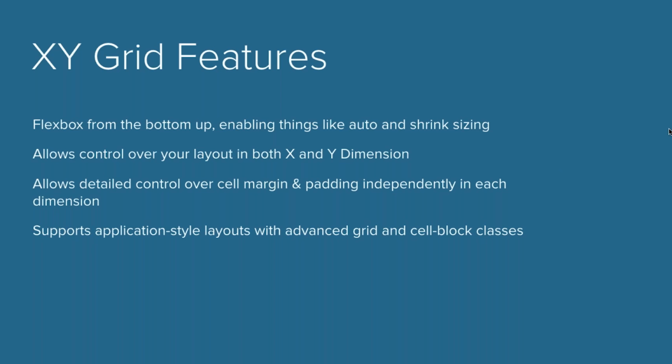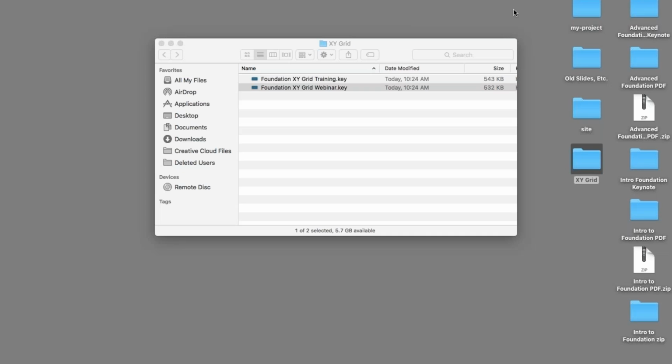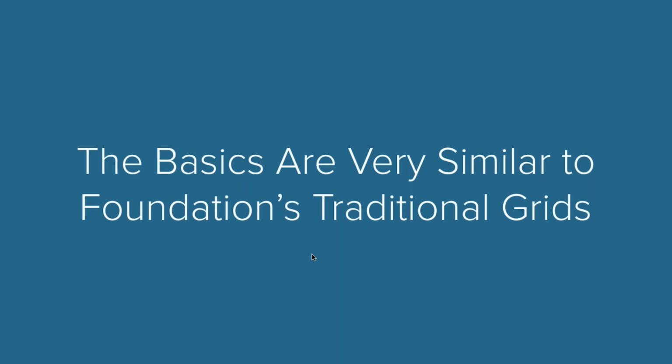And it supports more advanced application style layouts with some classes like cell block, where we pulled in these concepts from the Foundation for Apps experiment, where you could have independent scrolling panels of content, and integrated them into the XY grid.